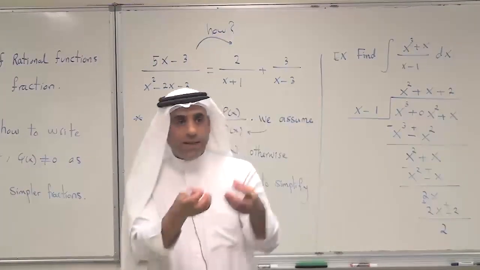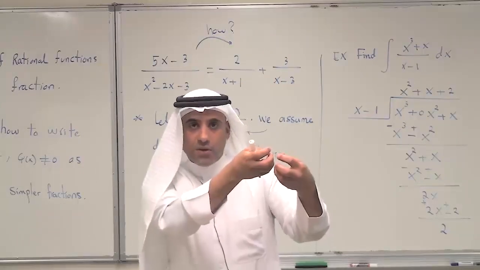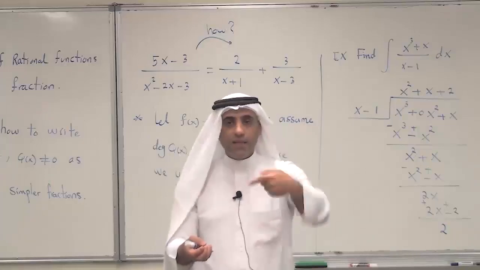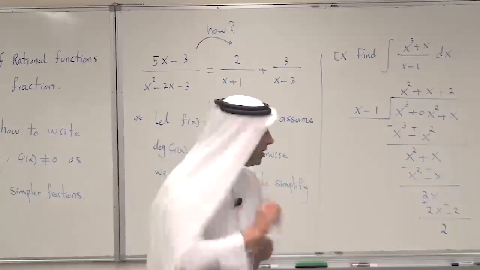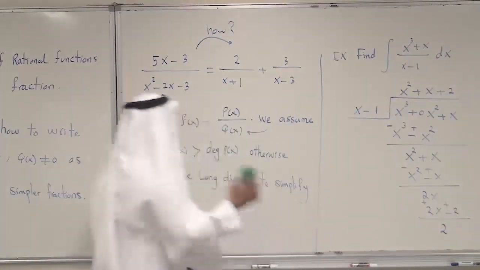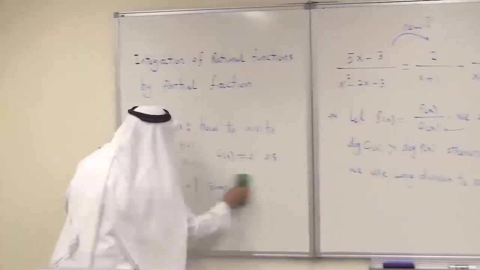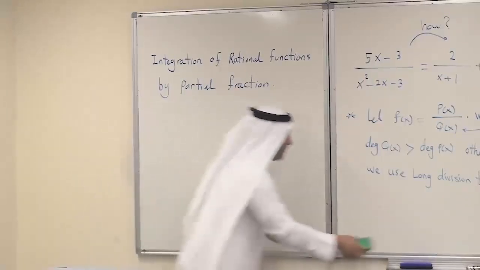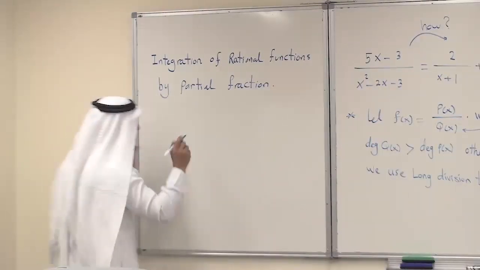You may end up with Q of x factored out into product of non-linear factors. The last one, non-linear factors and repeated. Let me just give some examples here of the cases we have, and then we go to explain the procedure of partial fraction. Okay, let me just give a specific exercise.